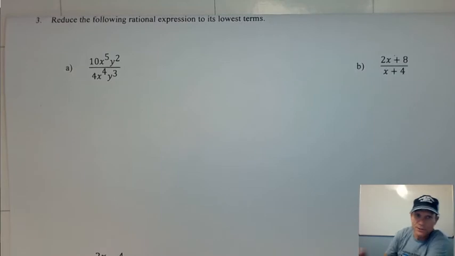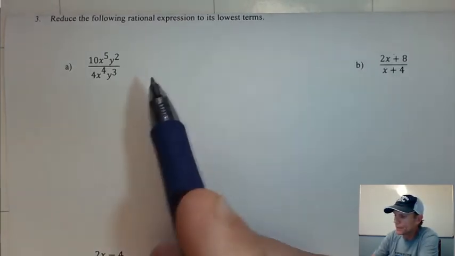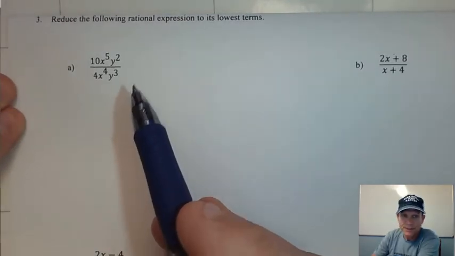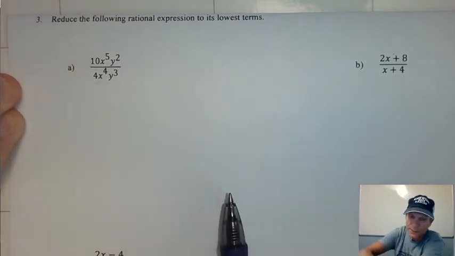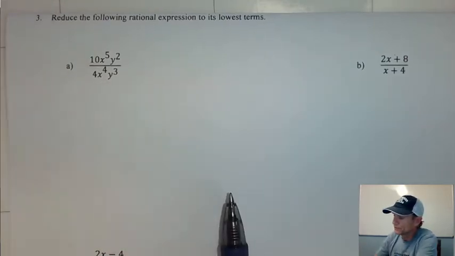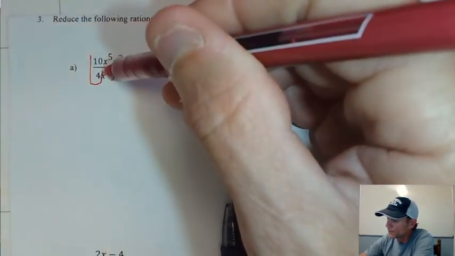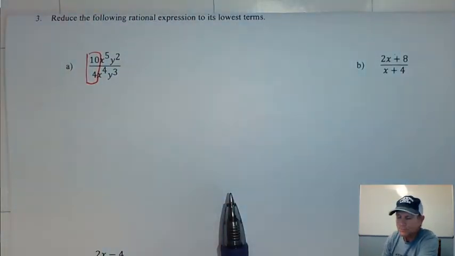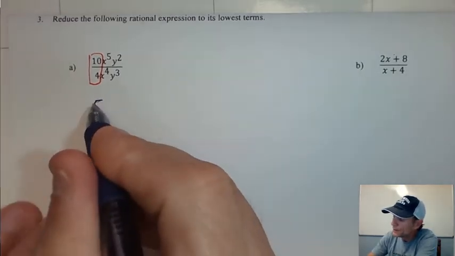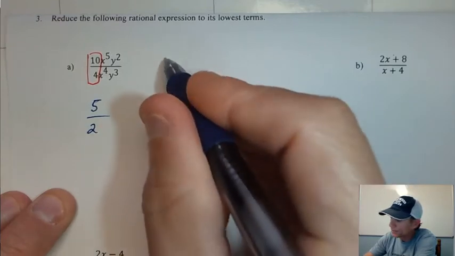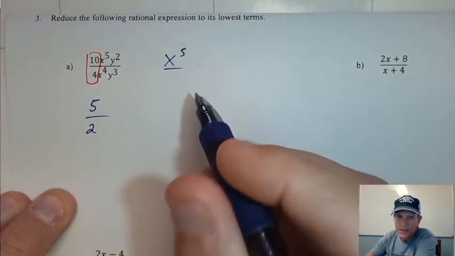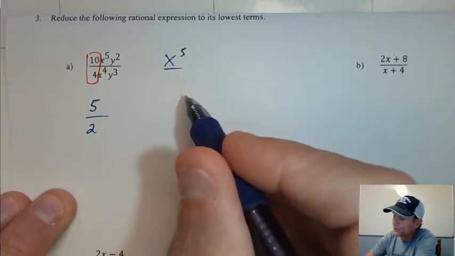So if you take a look at this first one, letter A, all of these things are tied together with multiplication. So I can first reduce the front number part, 4/10, and that reduces to 5 over 2. Then I can work on the x to the 5th over x to the 4th.